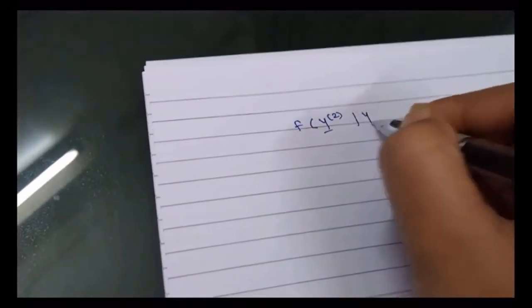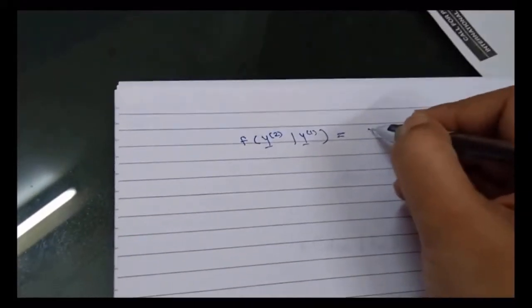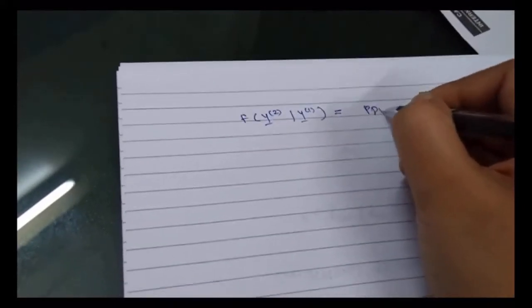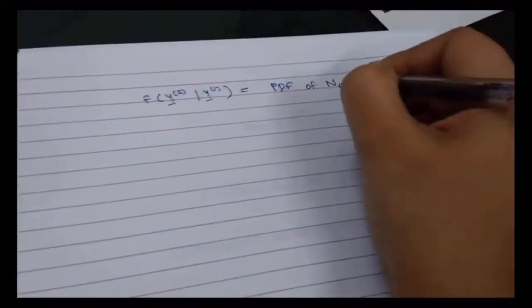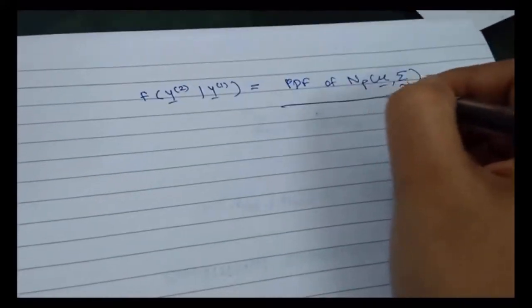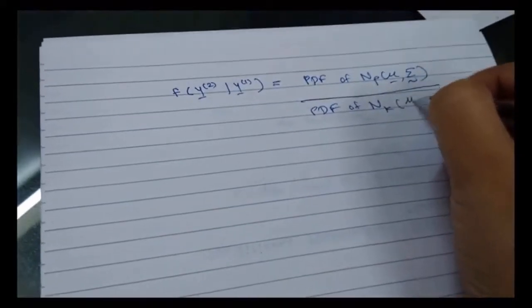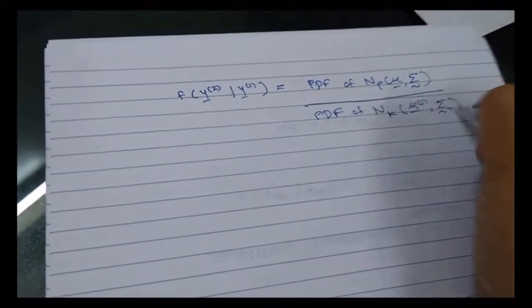So if I try to use this, what I am going to get is the conditional PDF of y2 given y1 will actually be the PDF of N_p(mu, sigma) divided by the PDF of N_k(mu1, sigma 1 1).